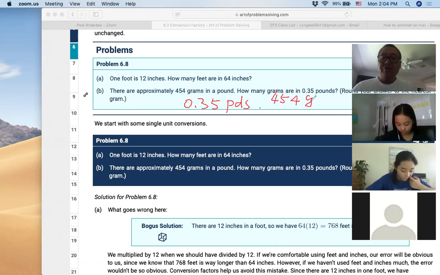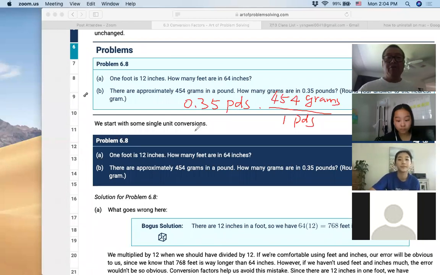Let's use g to represent grams, over each pound. So just use 0.35 times 454. Then they ask you to round to the nearest gram. So do it, then send me your answer.